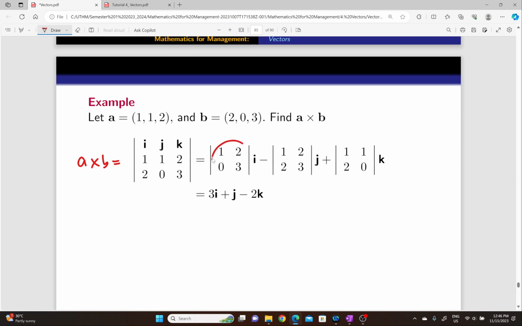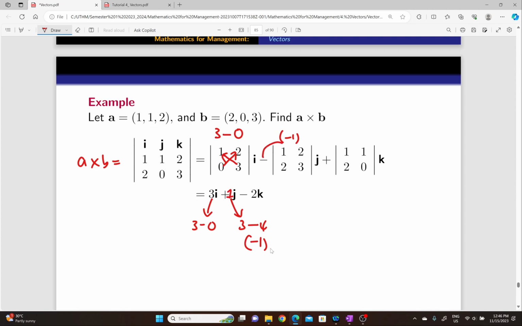Now what is the next operation? This one multiply, you get 3, this one multiply, you get 0, minus, you get 3 here. Then for the J term, 3 minus 4, you get negative 1, and with the minus in front, negative negative becomes positive.